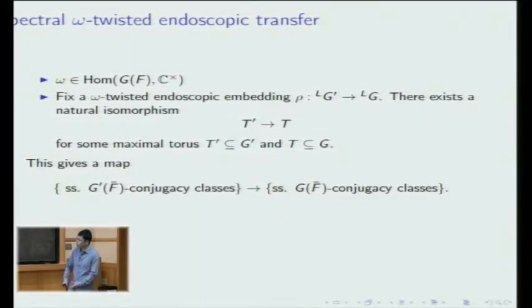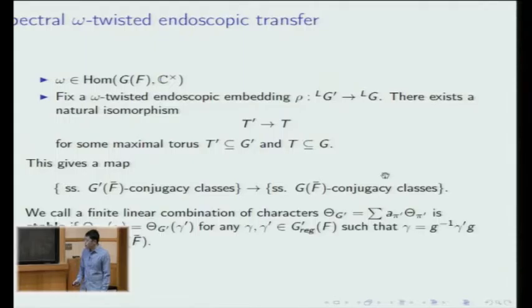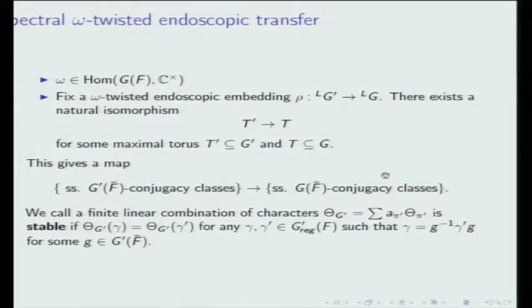You have to, in some sense, sum over the conjugacy classes in a bigger conjugacy class over the F bar points, and we take a finite linear combination of characters and we call it stable if over the regular semi-simple elements it is invariant under conjugation by the F bar points. In this talk, I'll also just call such a finite linear combination of characters a character, to generalize the set of characters.